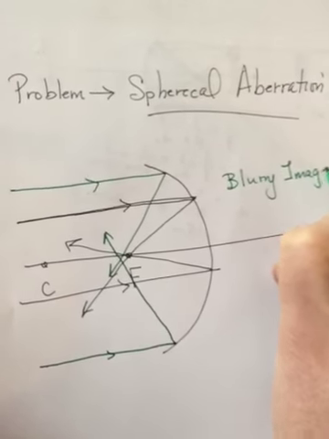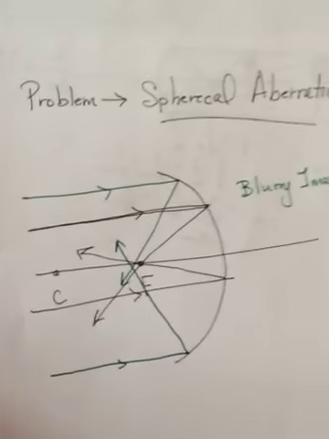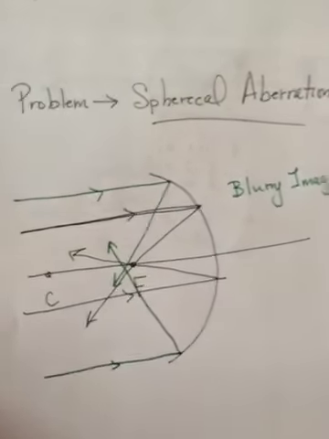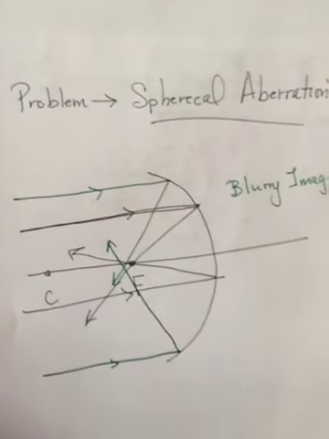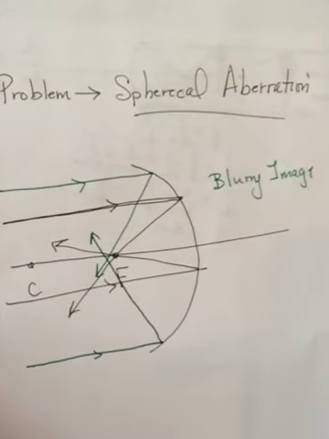So they can't get bent enough to actually pass through F, and then the result is you get a blurry image.